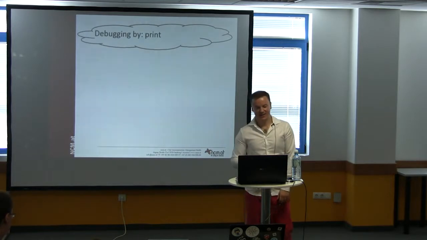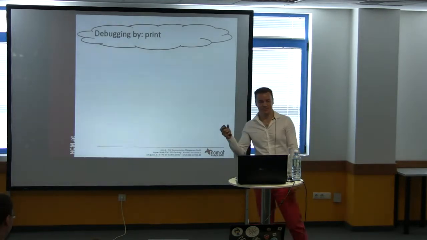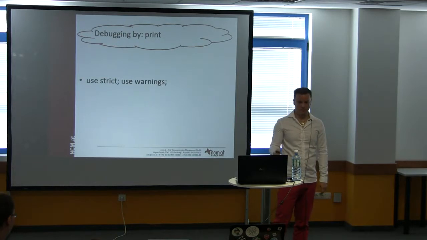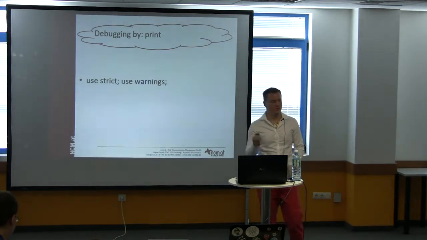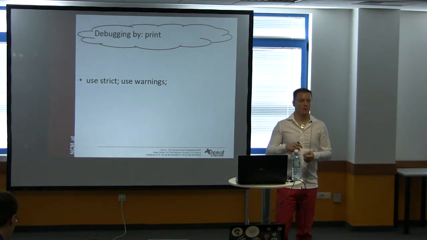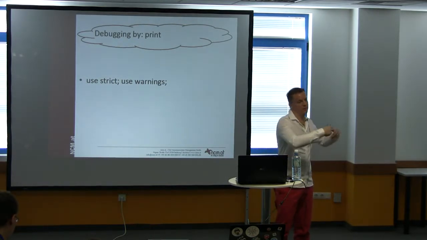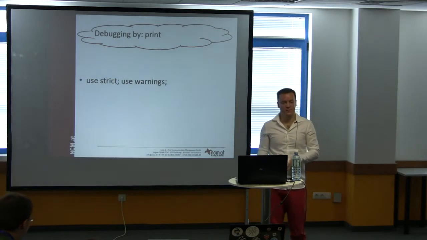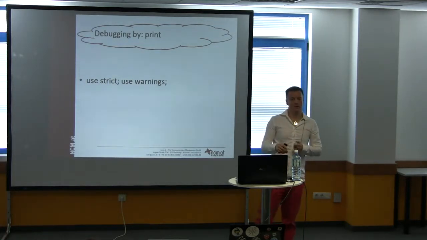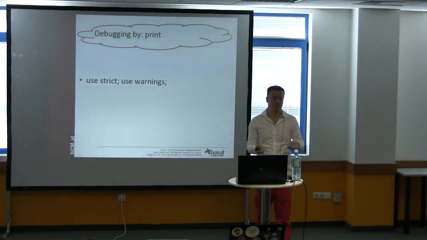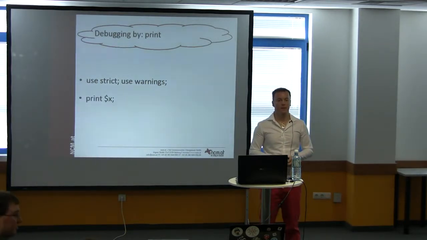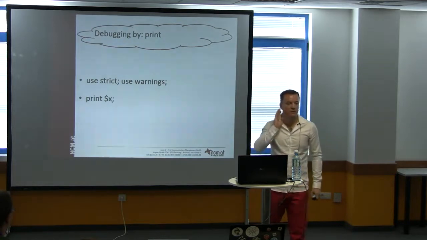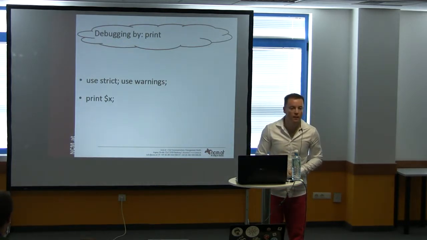Okay, so first of all, the simplest one, print, but you can actually use strict and warnings. This will debug for you before you actually start debugging. This will show you if you're doing something you shouldn't.